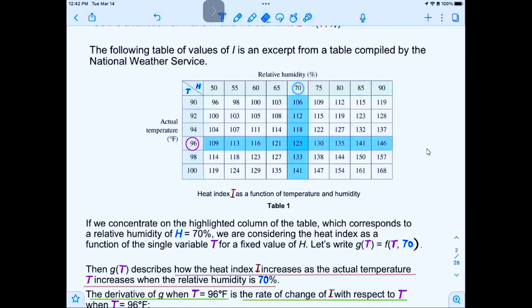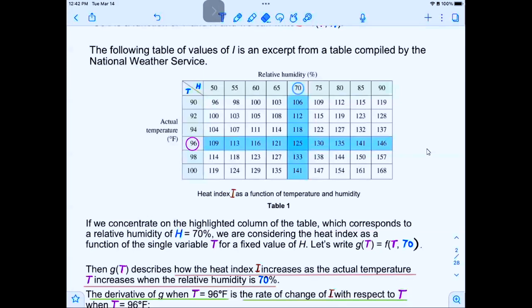The heat index that we're looking for is actually a function of this variable T, because the humidity here is fixed and we let the T vary.